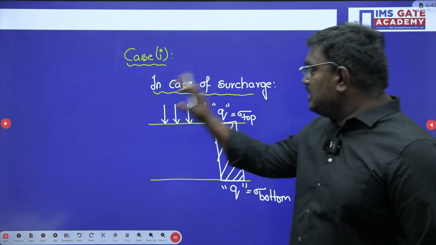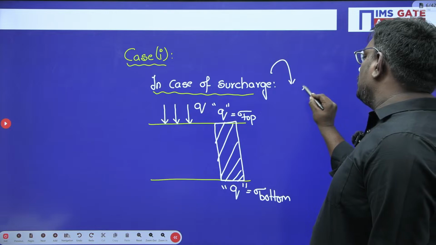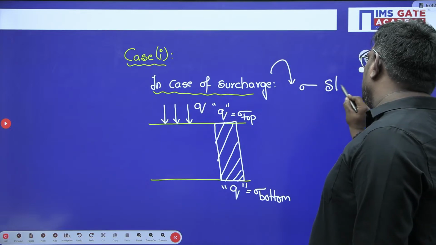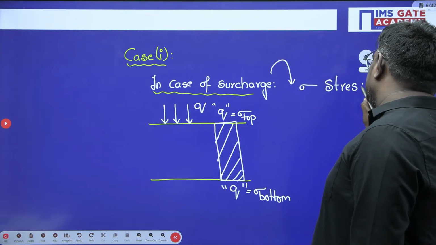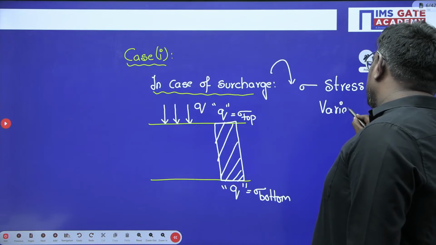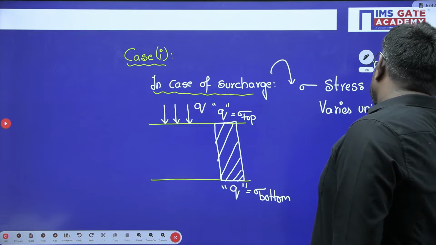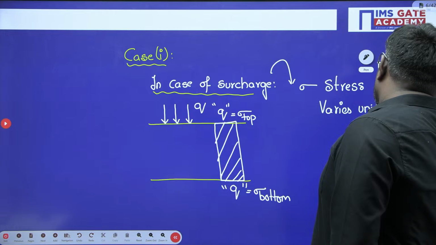So in case of surcharge, the total stress varies uniformly. Uniformly means it is constant throughout the depth. Varies uniformly means what, my dear students? It is constant throughout the depth.